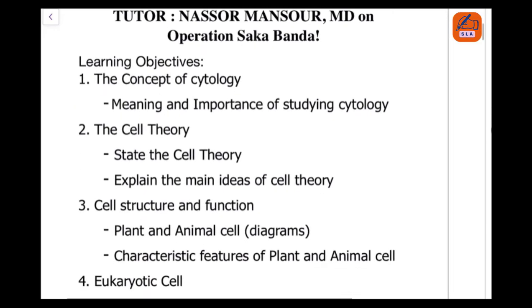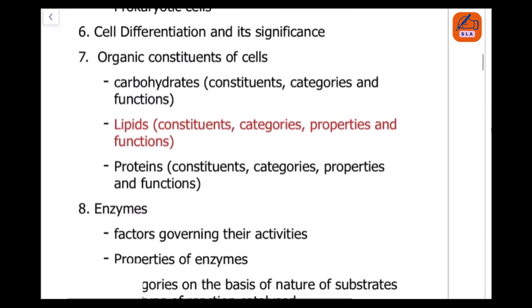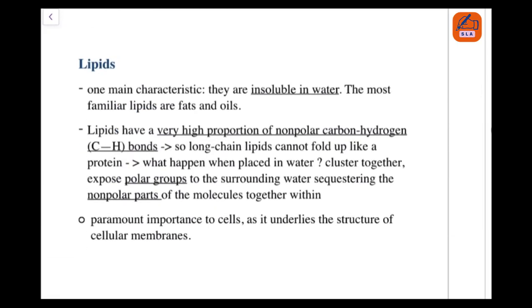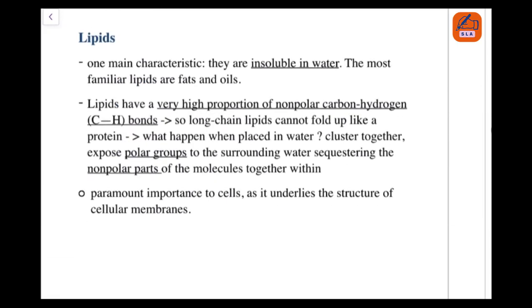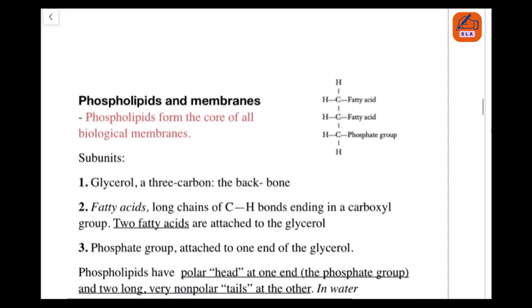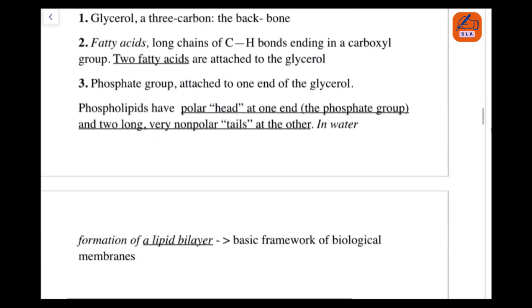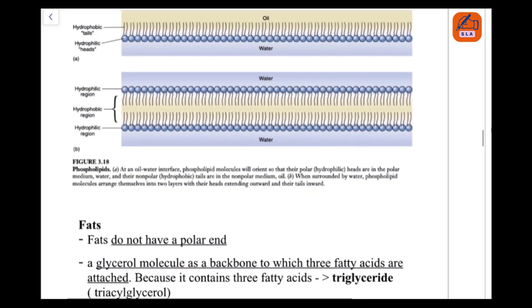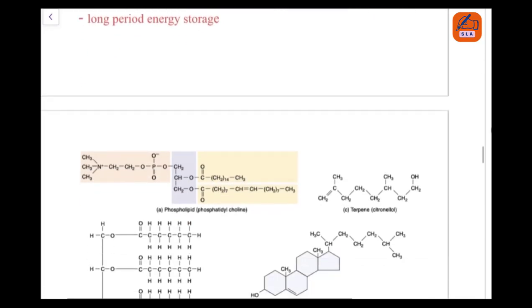So, we talked already about lipids, and we already mentioned a few functions of some important lipids. To be specific, we talked about phospholipids. But phospholipid is not the only type of lipid that we are supposed to know.